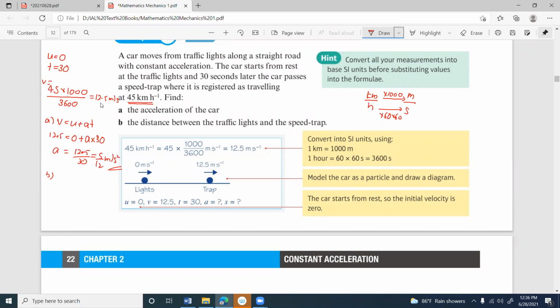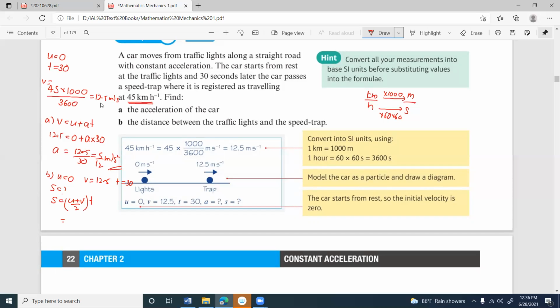The next fact: distance between traffic lights. You know that U is 0, V is 12.5, T is 30. We find what is S. You can apply S equals UT plus half AT squared. That is true, but if you make a wrong answer, it might have an impact. So rather than that, it's easier to use U plus V over 2 into T. This is the only equation which does not involve acceleration.